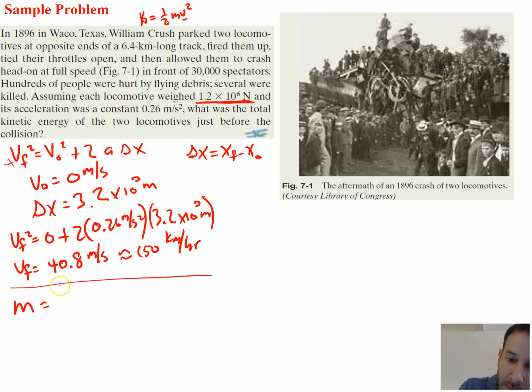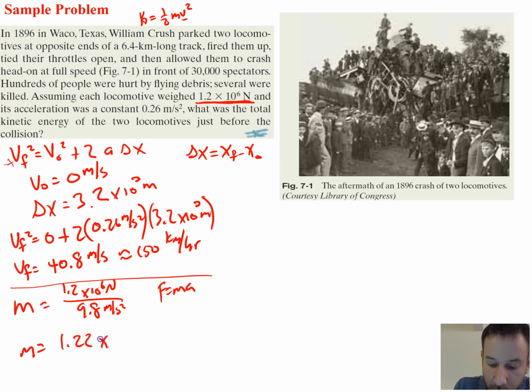So this is just going to be 1.2 times 10 to the 6 newtons divided by 9.8 meters a second squared. And I just got that from F is equal to ma, rearranging and solving for m. Okay, so we see that our mass is then 1.22 times 10 to the 5th kilograms.